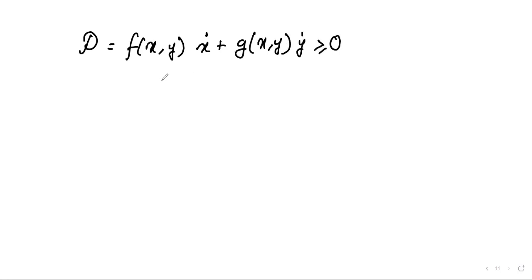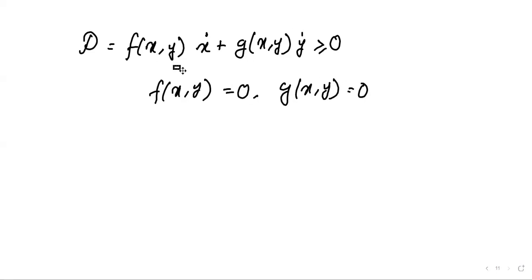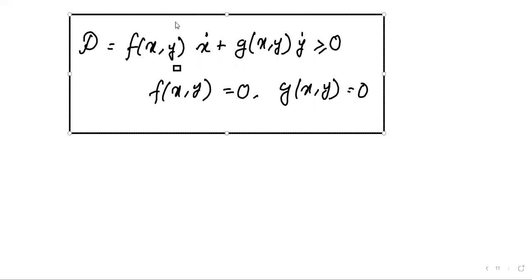The theorem goes like this: if you have a function, say f, and suppose you call this other function d, the dissipation function, and we can write the inequality in this form, then this inequality is only true if f of x, y is 0 and d of x, y is 0. This is called Coleman's theorem.